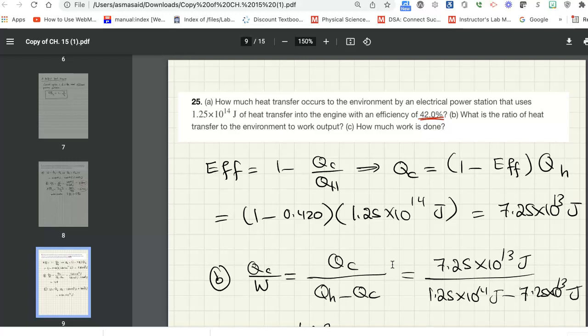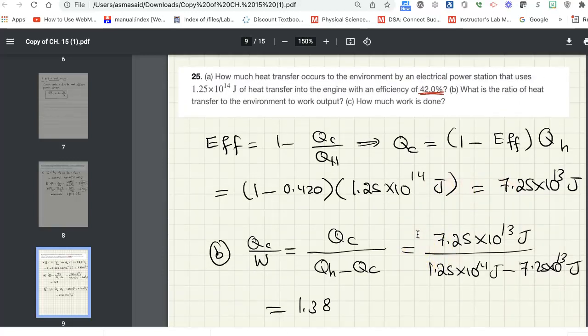I know that the efficiency is 1 minus QC over Q hot, and then Q cold equals 1 minus efficiency times Q hot. I will convert the percent into decimal, then it's going to be 1 minus 0.42 and then multiply by the amount of heat, and that is going to be 7.25 × 10^13 joules.